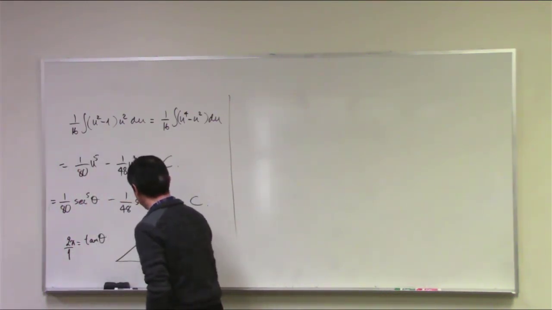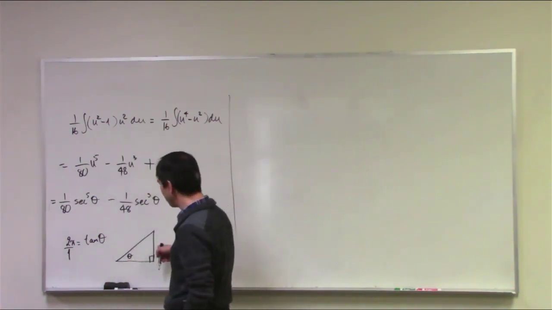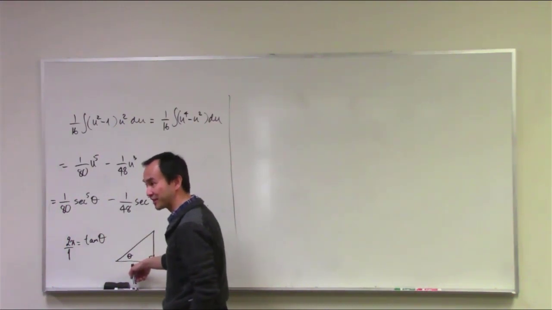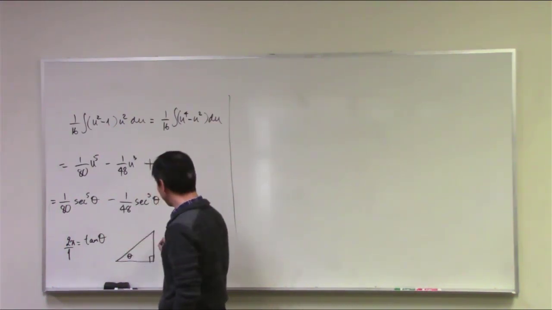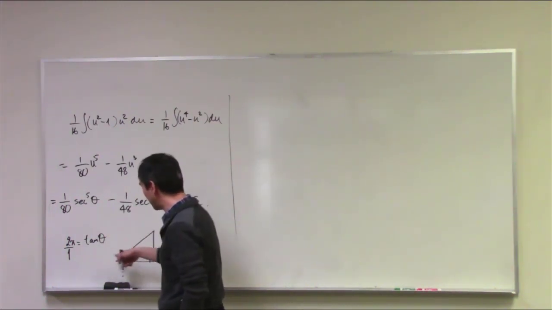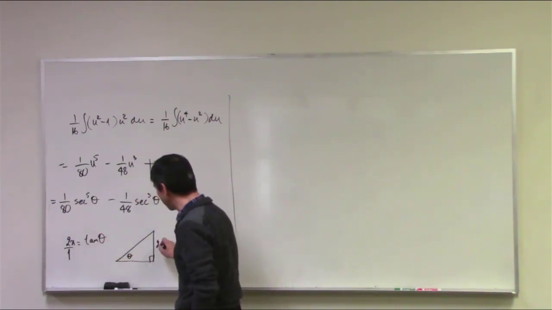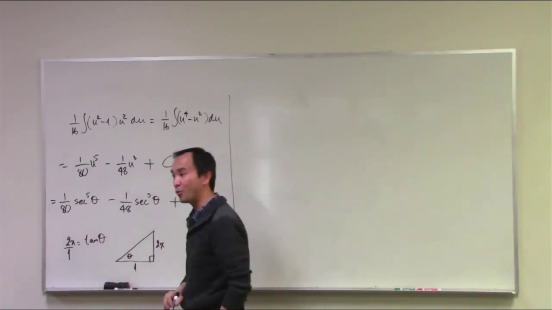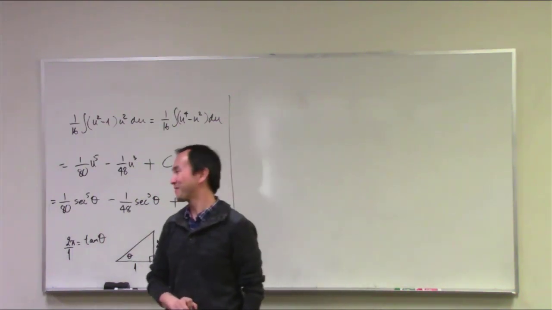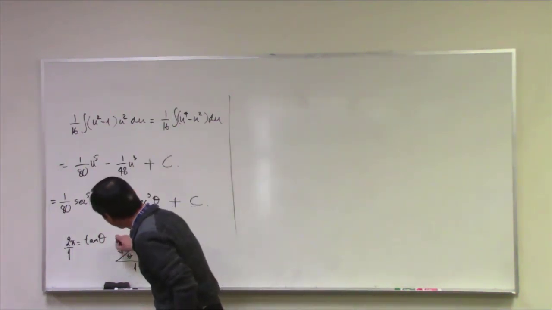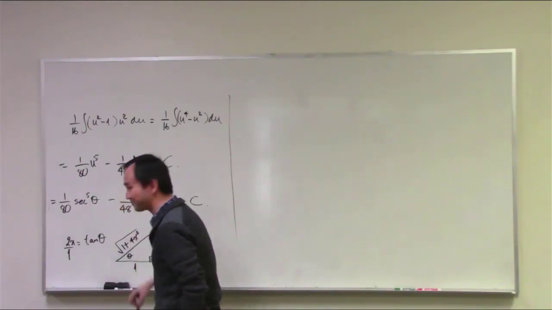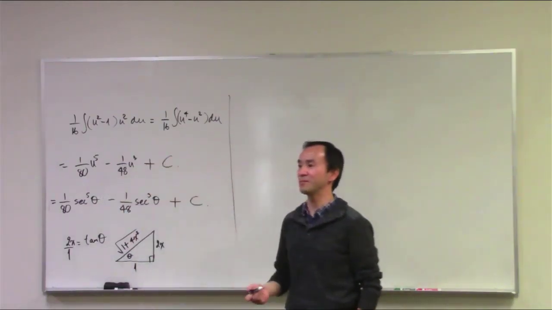That's the right angle, and wherever you put your angle theta, this is opposite, this is adjacent right here, this is hypotenuse. If tangent theta equals 2x over 1, then you can put the 2x here, and there's a 1 right there. Are we good with that? And so the hypotenuse now has to turn out being the square root of 1 plus 4x squared, right? It's right by the Pythagorean theorem.